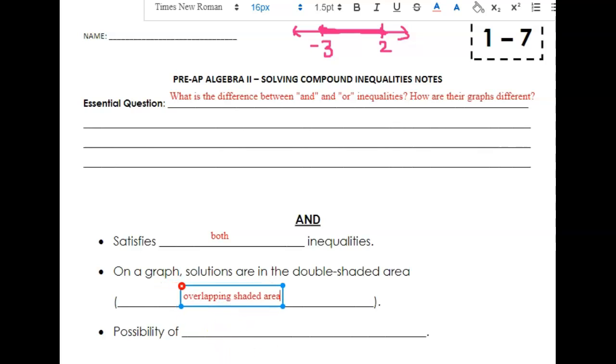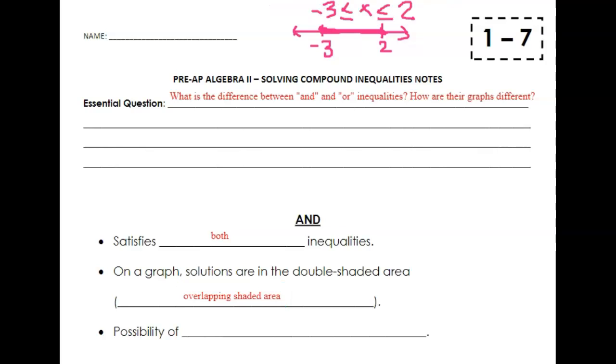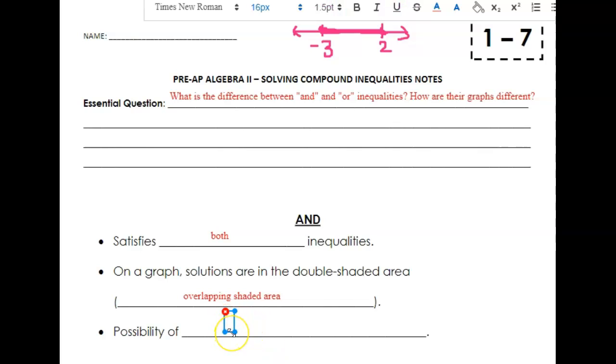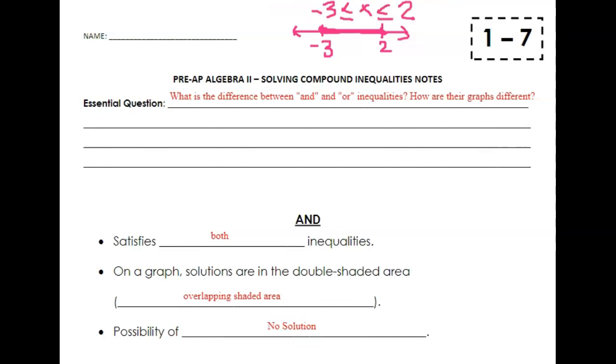So if I have an overlapping shaded area that's representing my solution set to a pair of and inequalities, that means that there's a possibility that my two sets of shading doesn't overlap at all. And if my solutions are in the overlapping shaded area, but nothing overlaps, well, that means that there's the possibility that there is no solution. That is a possibility today for and inequalities.